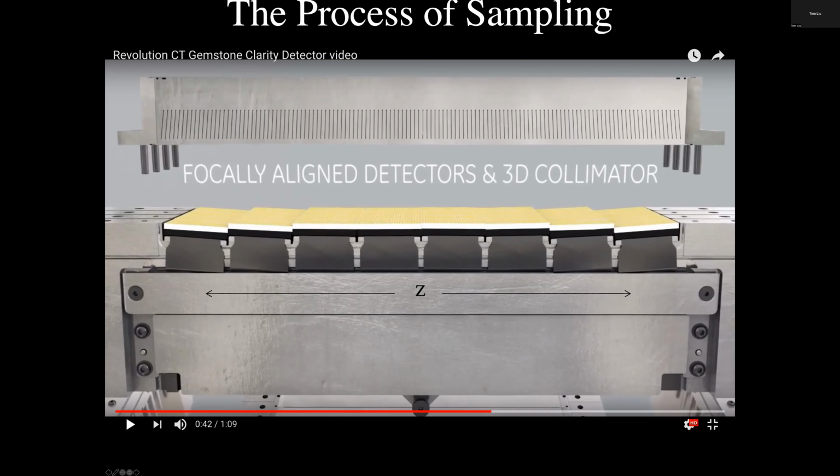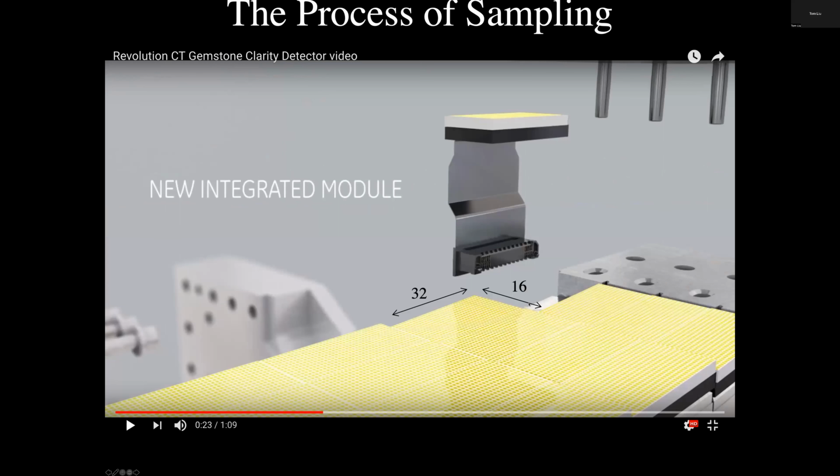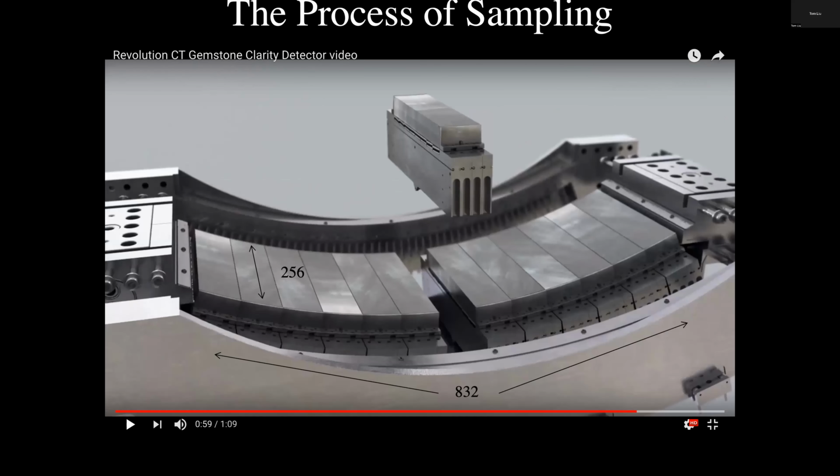And then these chips, when I look at the detail of what one of these chips looks like, you pull it out and it's 16 by 32 individual detectors. Okay? And those are separated. The centers of those detectors are usually about 1 millimeter apart. Okay? And that chunks in, and then we just make our detector that way. And this is again in the Z direction, right? And we put a whole group of those together. I put this back down in there, and then I have all of these. And I think in this scanner, it works out to 832 samples in that direction and 256 samples in this direction. Any questions about that?